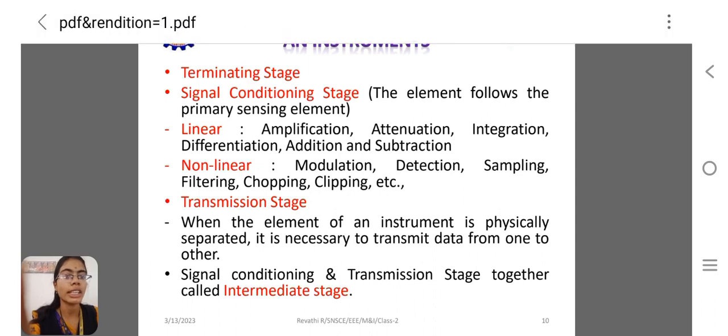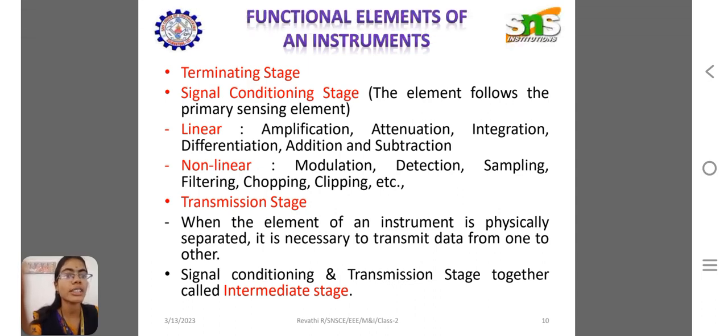Non-linear operations such as modulation, reduction, sampling, filtering, chopping, clipping, etc. are done by the non-linear stage. Transmission stages: when the elements of an instrument are physically separated, it is necessary to transmit data from one to another. Signal conditioning and transmission stages together are called intermediate stages.